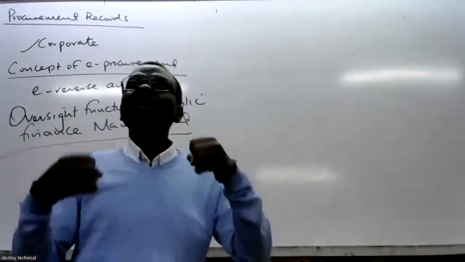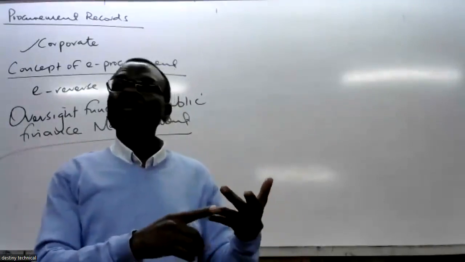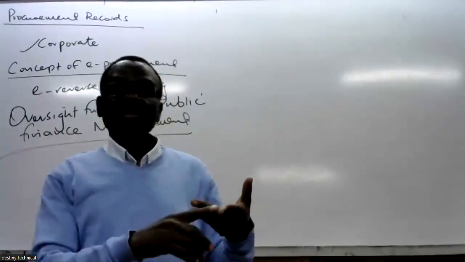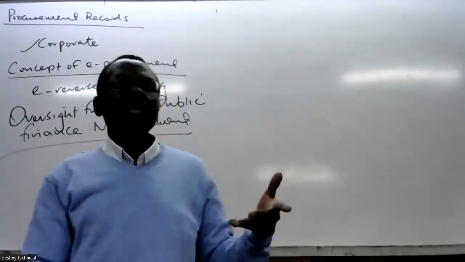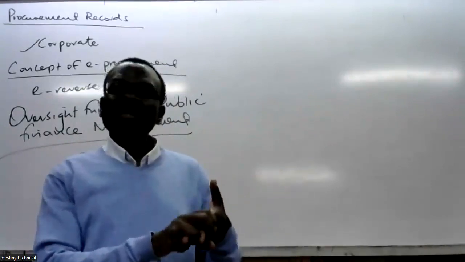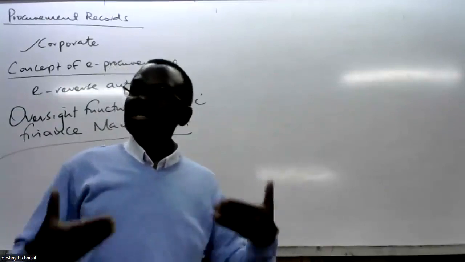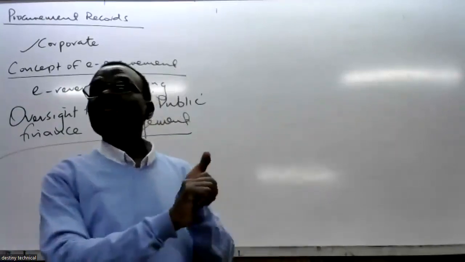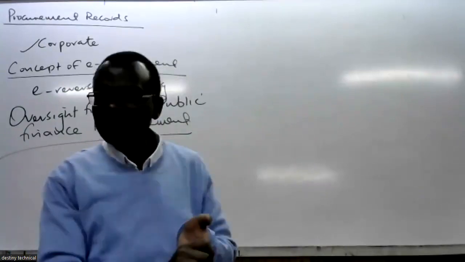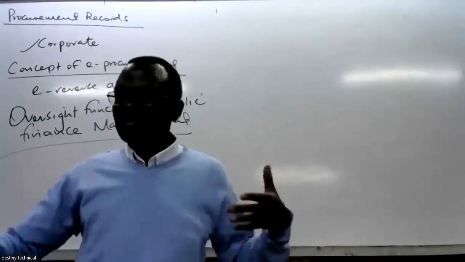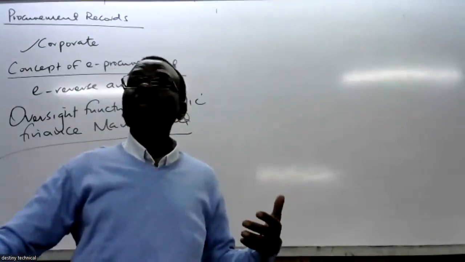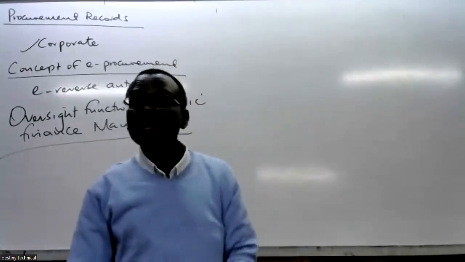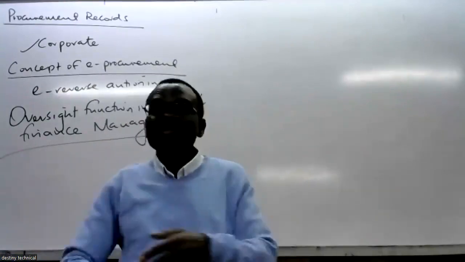For example, the devolved functions of the counties include health, water, some roads. When you're giving them 15%, you should also ask yourself, is this sufficient considering the functions we have devolved? Then we also say Article 203 considers capacity. Maybe you're giving them too much money. They don't have the capacity to handle it.